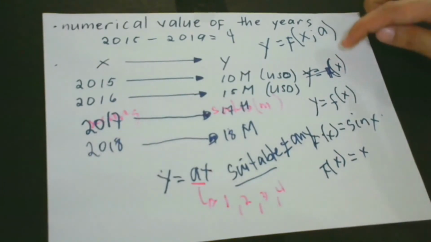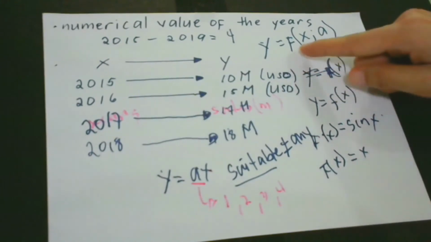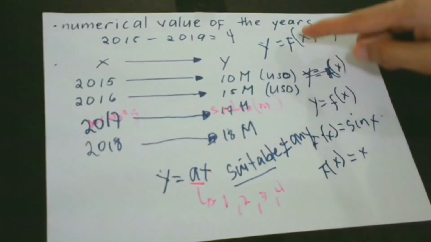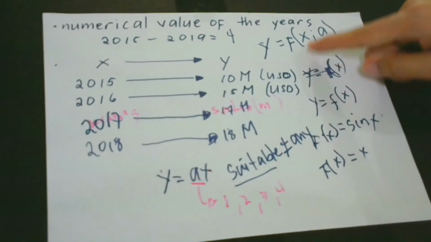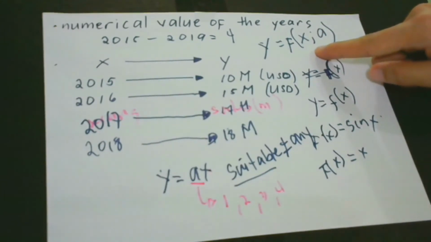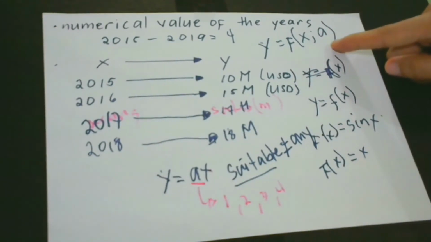I want to repeat that. The function f, or y, is equal to the function f that acts on x, which has a parameter a. What is this for?